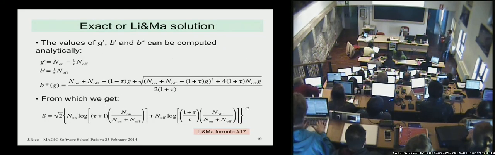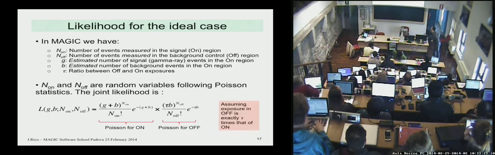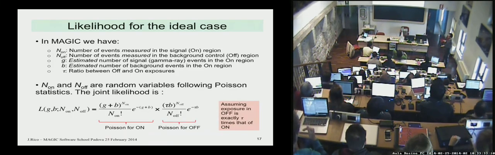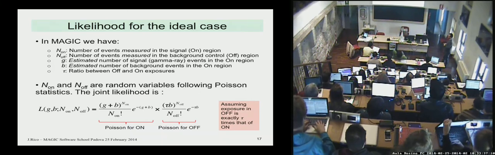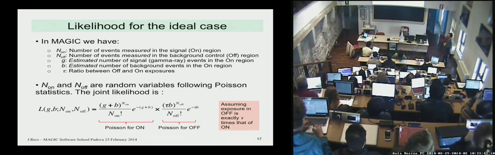How do you get this done? How do you calculate B star? You take the likelihood here, you fix g as a fixed number, and you differentiate against b. Make it equal to 0 to maximize for b, and then you get this. As I said, this is something you can do.